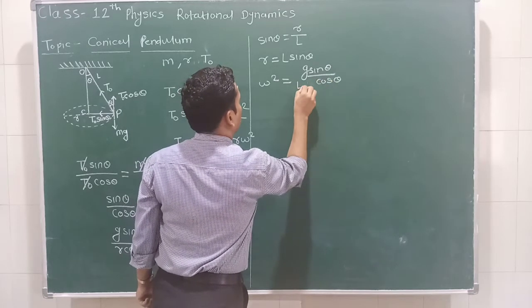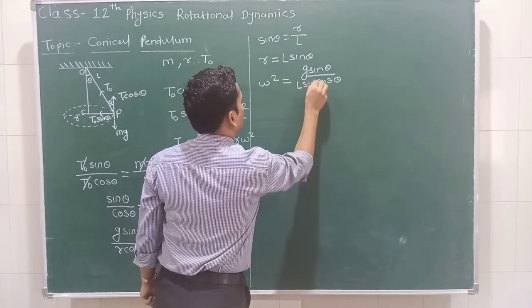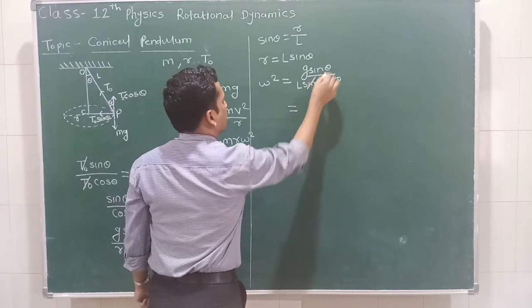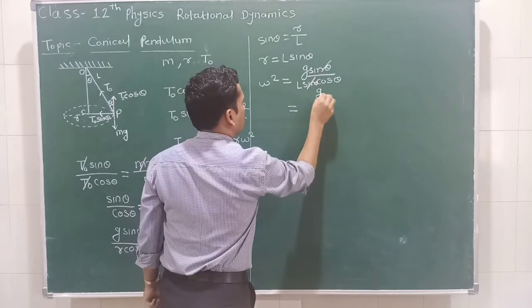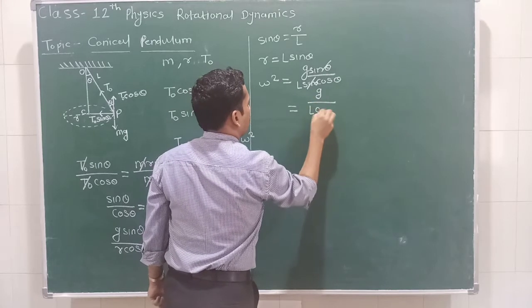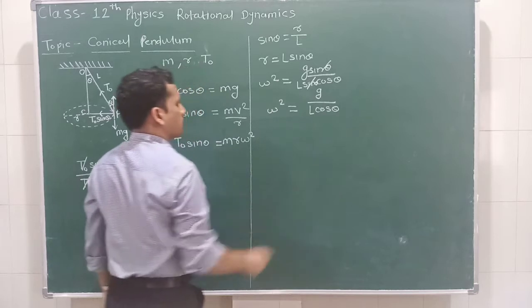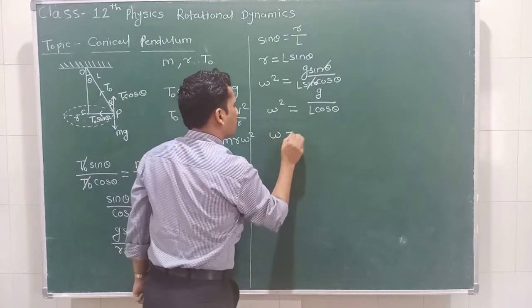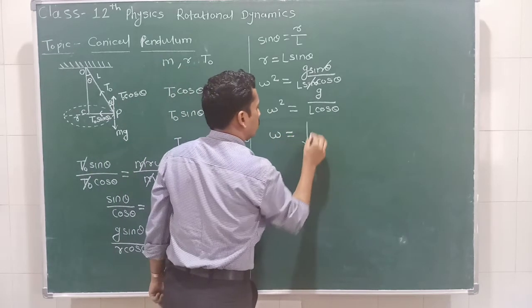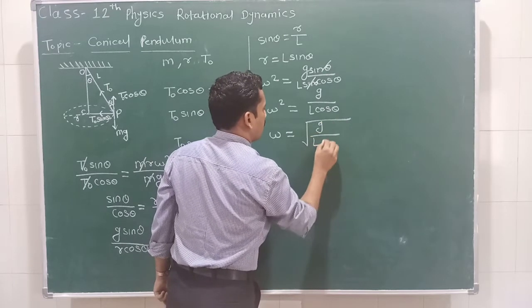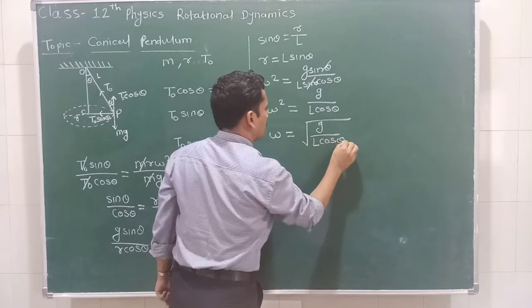R is equal to L sin theta. Now this sin theta gets cancelled. We get g upon L cos theta, which is equal to omega square. Therefore, omega is equal to under root g upon L cos theta.